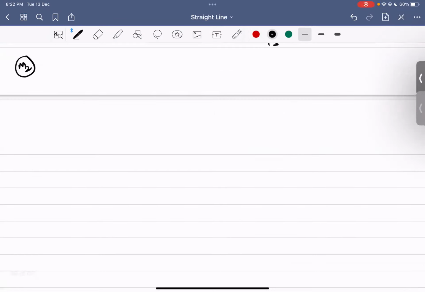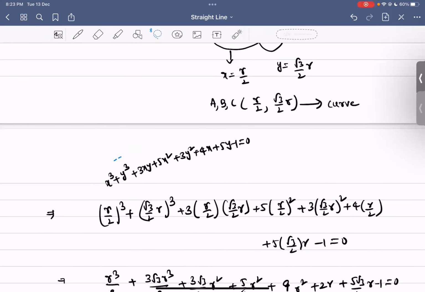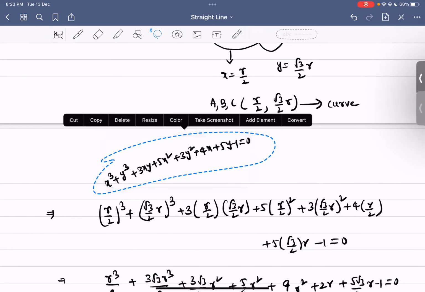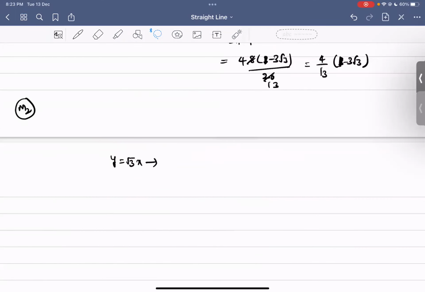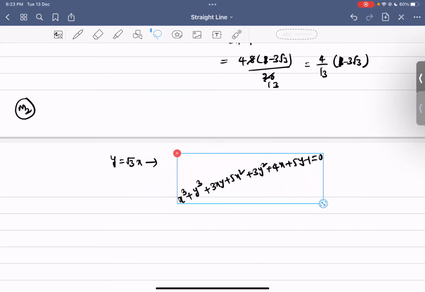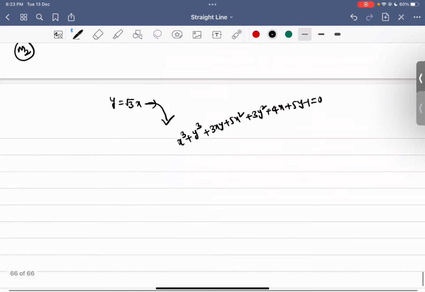The diagram is the same. Directly, y is equal to root 3x intersects the curve. The curve is the same, x cube, this curve. The line y is equal to root 3x intersects this curve, which means you solve the curve and the line. Directly you substitute root 3x in place of y.